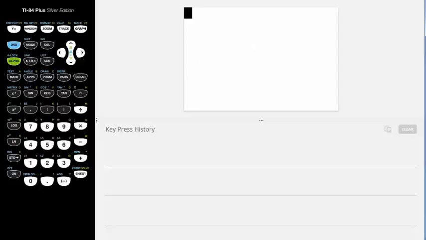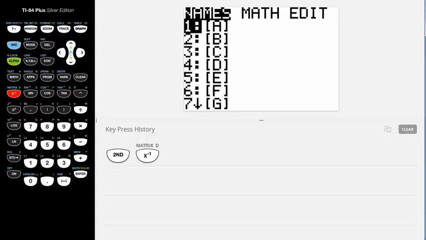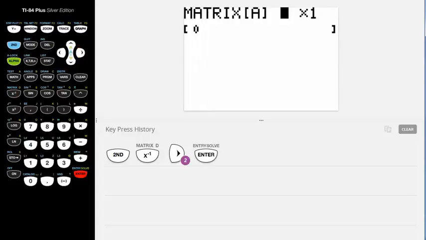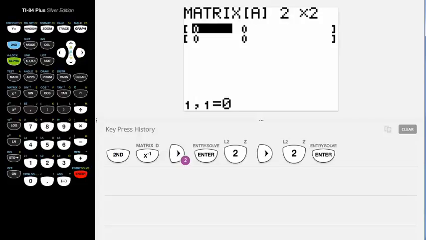The matrix is above x to the negative 1, so second x to the negative 1 takes us into our matrices. We want to go to Edit, Matrices A, press Enter, and we want a 2 by 2 matrix. So I type 2, arrow, 2, Enter.